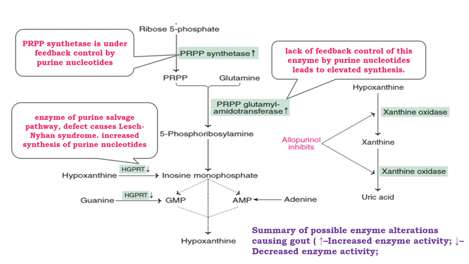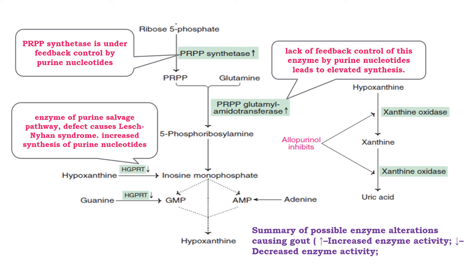So we should see that there should be the right level of concentrations of these enzymes. Now from hypoxanthine we can get uric acid. So allopurinol will inhibit two things. One, the xanthine oxidase, and this can halt two steps: the conversion of hypoxanthine to xanthine, and from xanthine to uric acid.